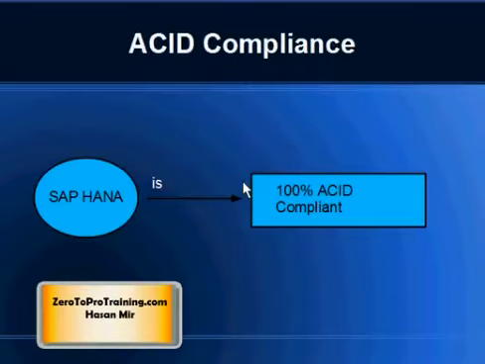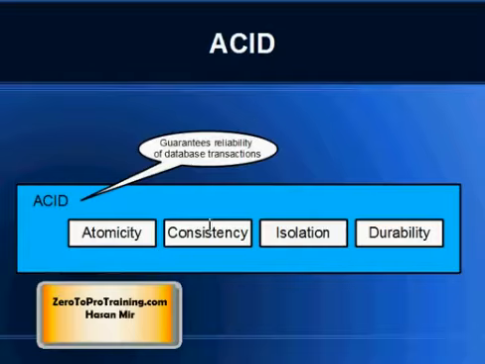So to be ACID compliant is a very important attribute of a database. SAP HANA database is 100% ACID compliant. What is ACID compliance? For details you can take my other videos, but for now, ACID compliance guarantees reliability of database transactions.